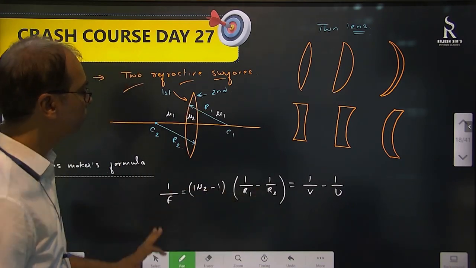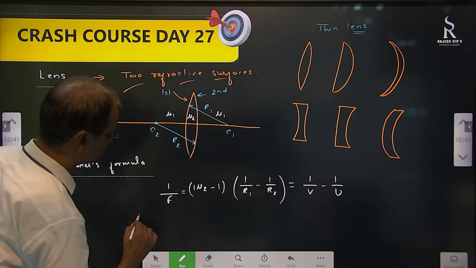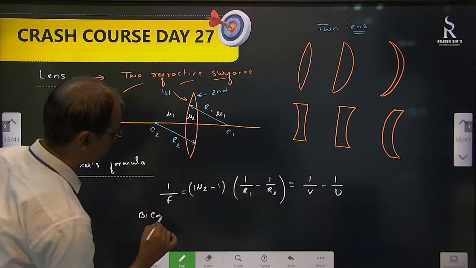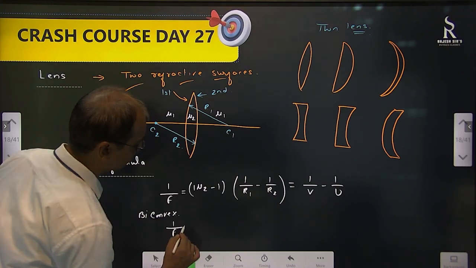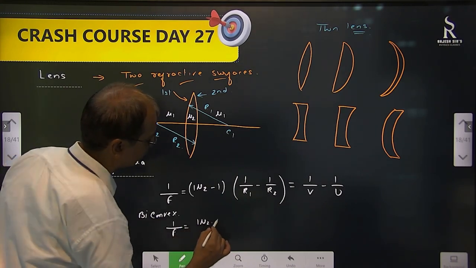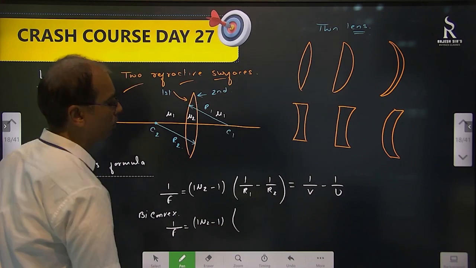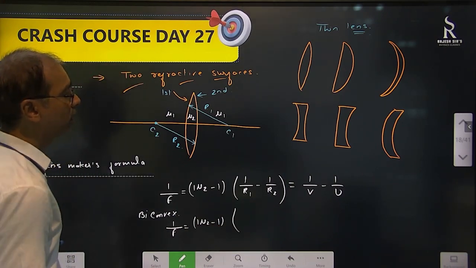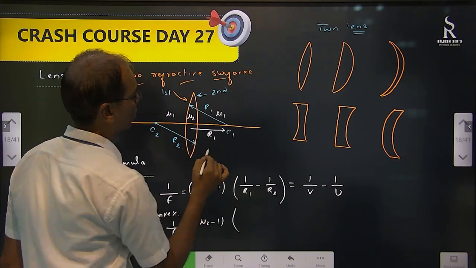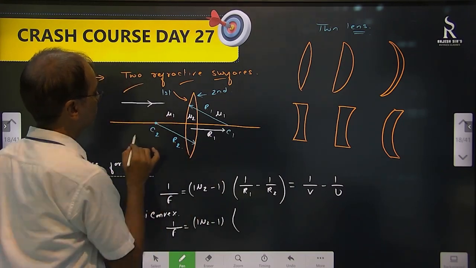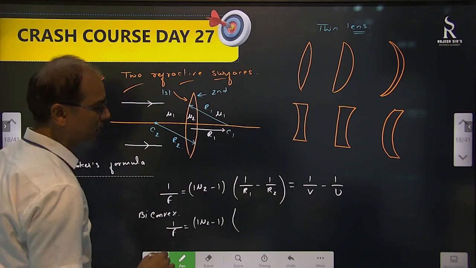Now when I use it for a biconvex lens, 1 by f equals (1μ2 minus 1) then 1 by R1. Where is R1? Light is coming from this side, so is R1 positive? Yes, R1 is positive.